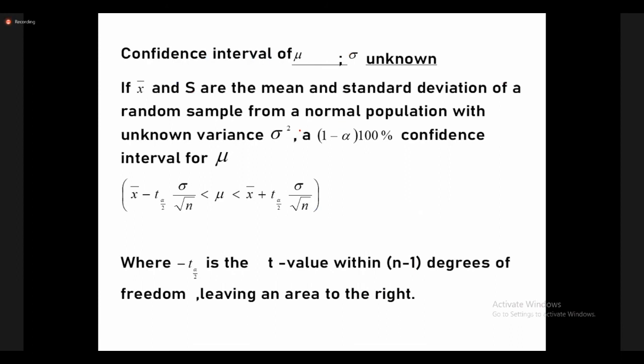See, confidence interval of mu when the population standard deviation is unknown.